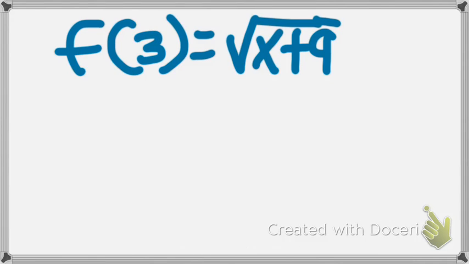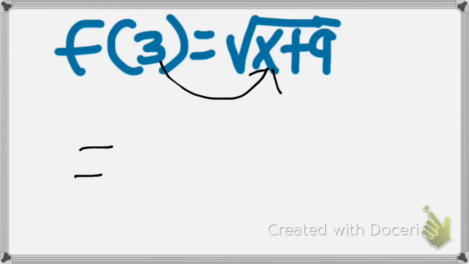Perfect. The next one is a radical. A radical function is a little bit different because it has a square root instead of a square. You still plug in this to this.